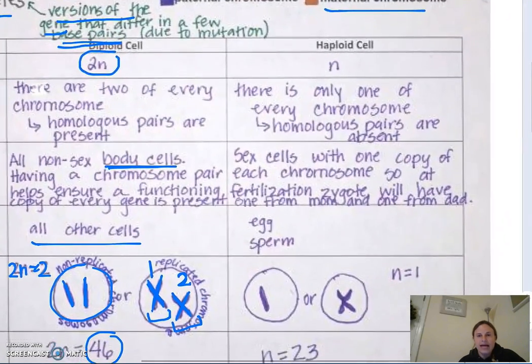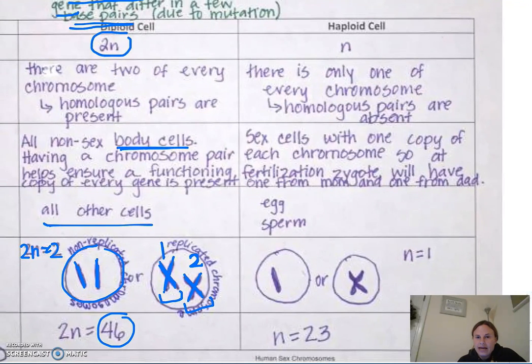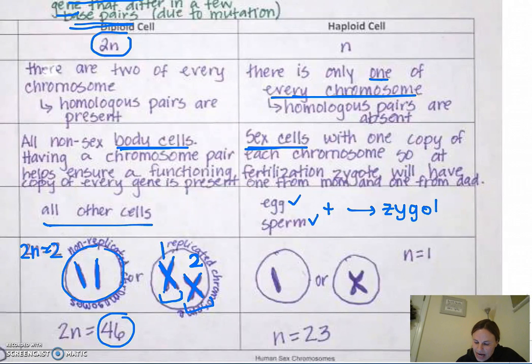If I look at my haploid cells, that means there's only 1 of every chromosome. The homologous pairs are absent. Examples of cells with the haploid number would be sex cells, such as your egg and your sperm, which makes sense because those are going to join during fertilization to form a zygote that now has the full set of chromosomes.